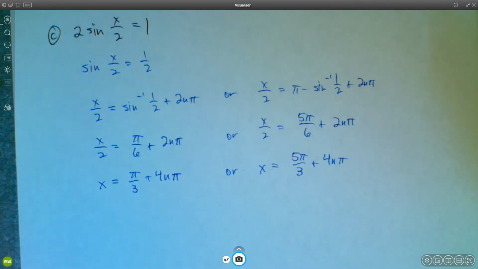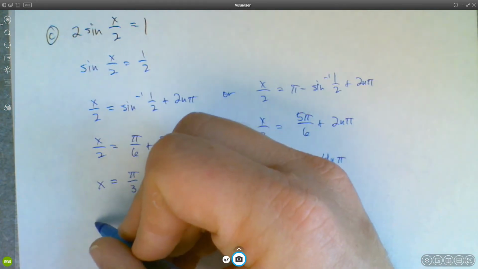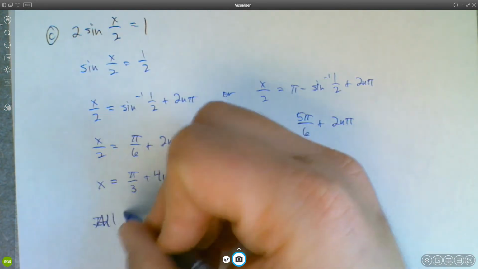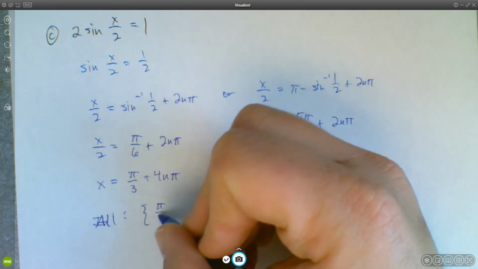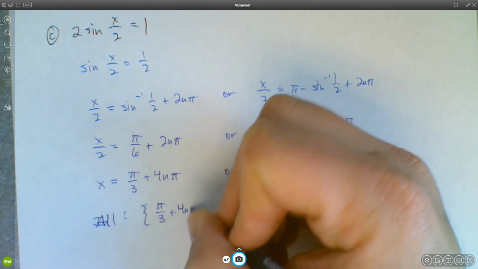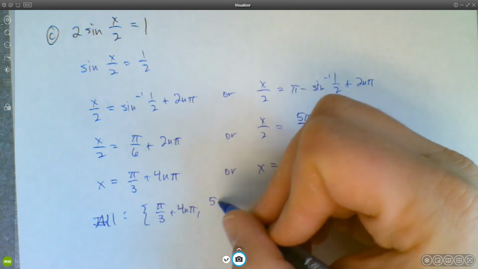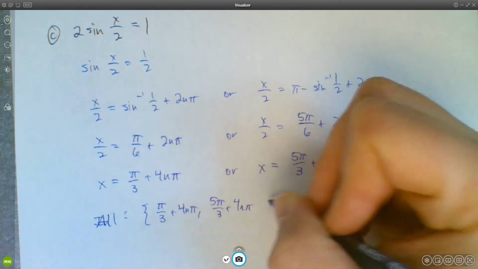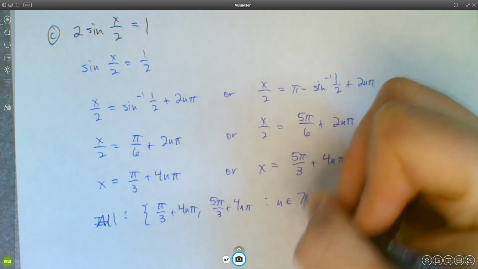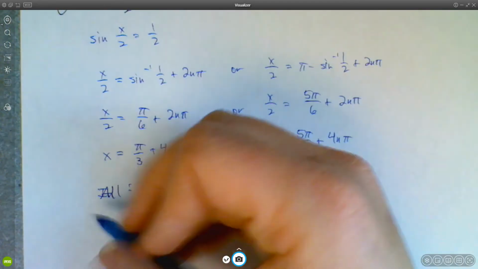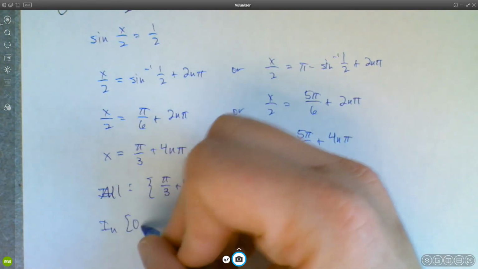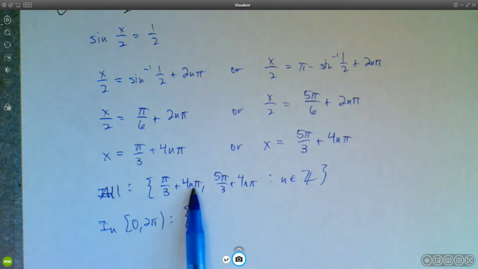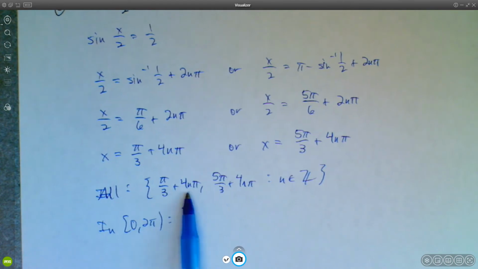Okay, so if I want to list all of the solutions, it would be those two. And if I want to list the solutions between 0 and 2 pi, well, here, if I plug in a -1, obviously this is going to be too small.